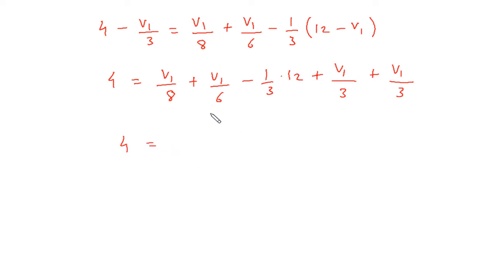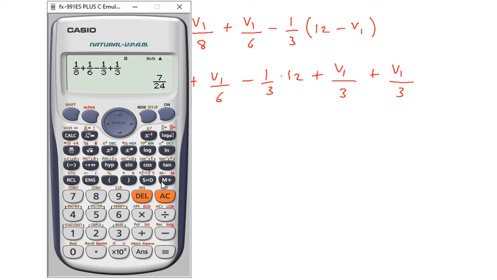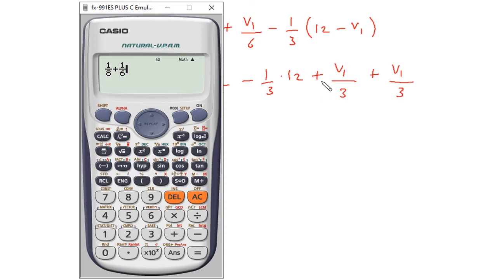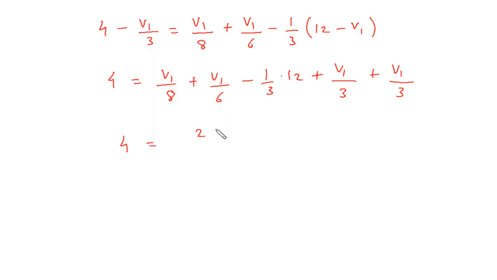So 4 is equal to 1 by 8 plus 1 by 6 plus 1 by 3 times V1, minus 4. That gives 23 by 24 V1.